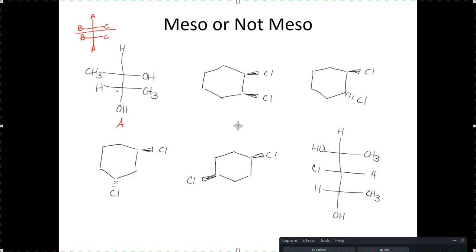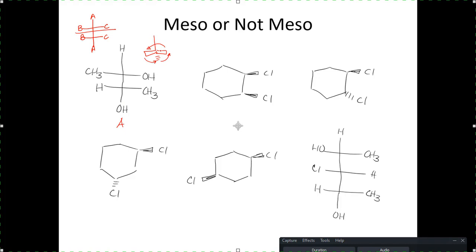Now remember the Fisher projection looks like this. The bottom carbon has the dashed wedge and the 2 bold wedges. So just like when I used a Newman projection, I can rotate around a Fisher projection like this. I can rotate clockwise or counterclockwise the groups in this Fisher projection like I would a Newman projection.